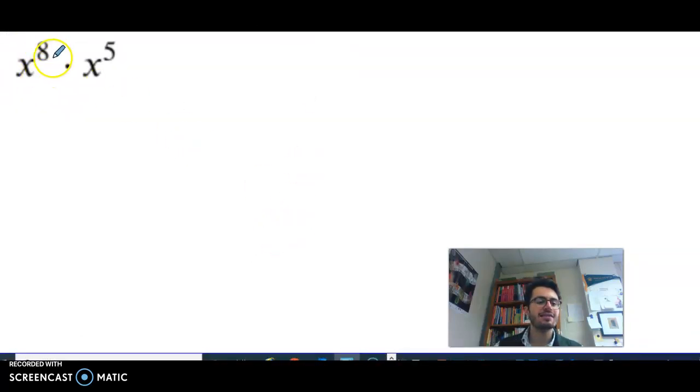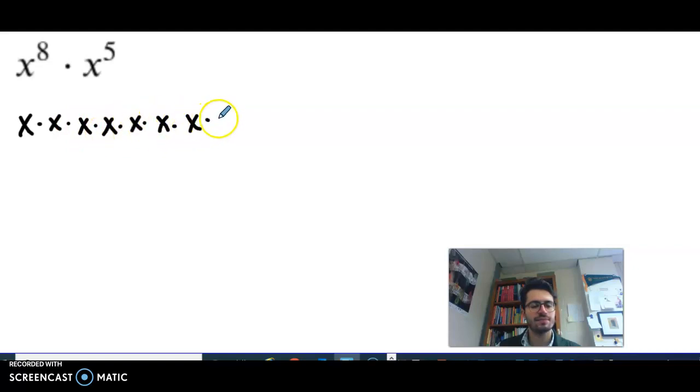So here we have x to the 8th times x to the 5th. I want us to expand each of these terms. So x to the 8th, we can write x being multiplied 8 times. And I'll use some colors to show you guys that. This one is the same as this.